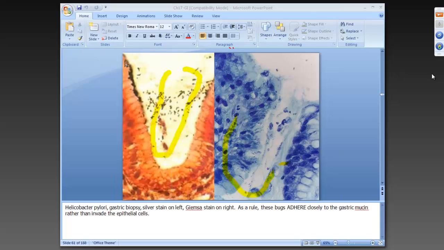Okay, antibiotic therapy. We have a good start here. What kind of antibiotic therapy would you use to treat Helicobacter pylori? H2 blockers, PrevPac twice a day for 14 days, amoxicillin.